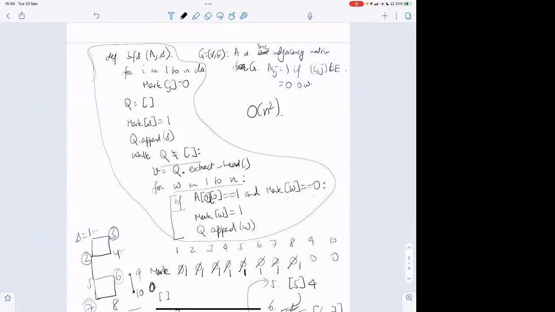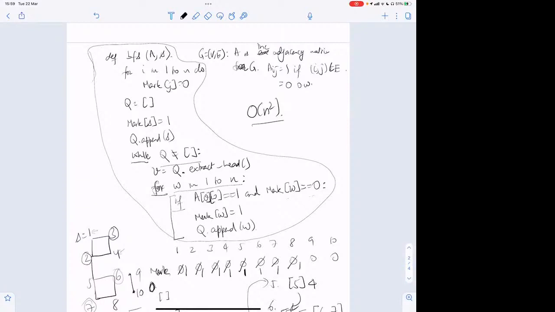Yeah, so there is the while loop and this for loop, correct? There are 2 loops. Everything enters the queue at most once. Here 9 and 10 did not enter the loop, and this loop runs 1 through n, so this is order n squared, correct?